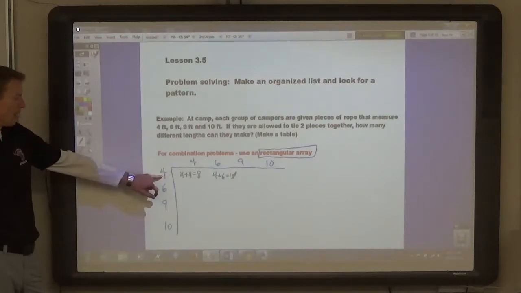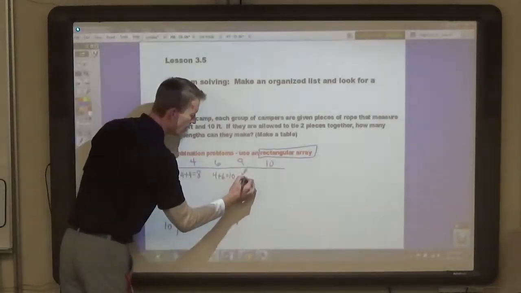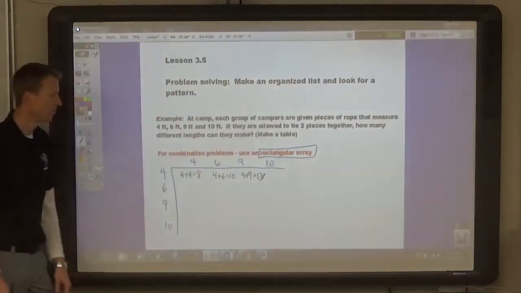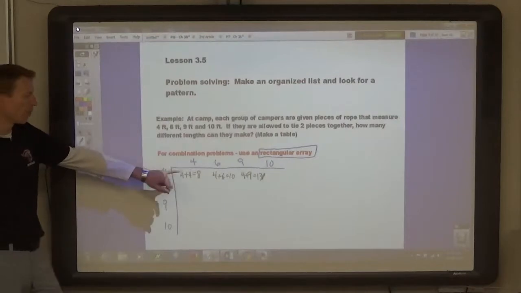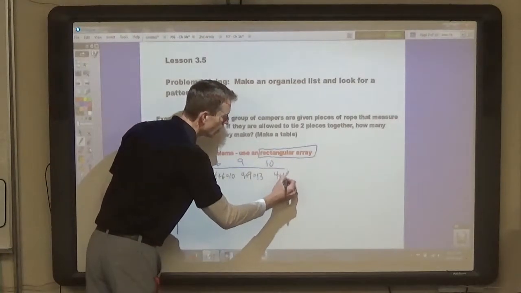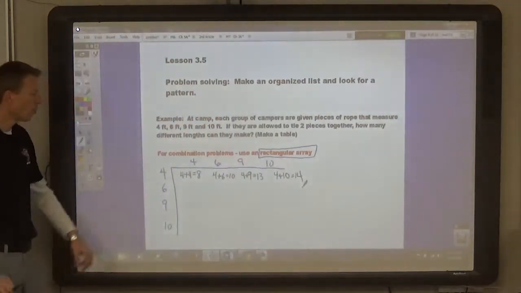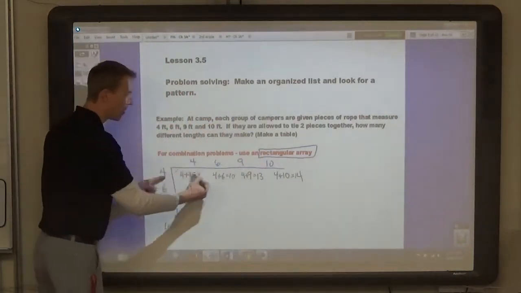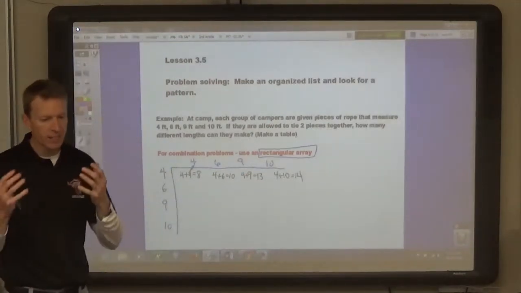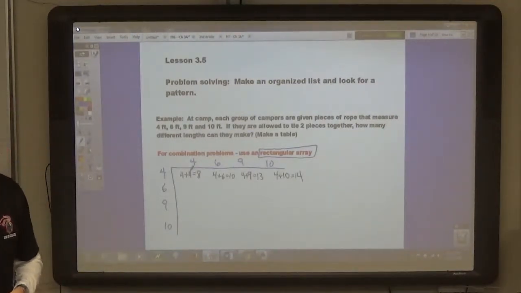You could combine the 4-foot with the 9-foot to make 13 feet. And you could combine the 4-foot with the 10-foot to make 14 feet, right? And so what we've done is we've combined them in an organized way so that we can see that we've used all the choices. All right?